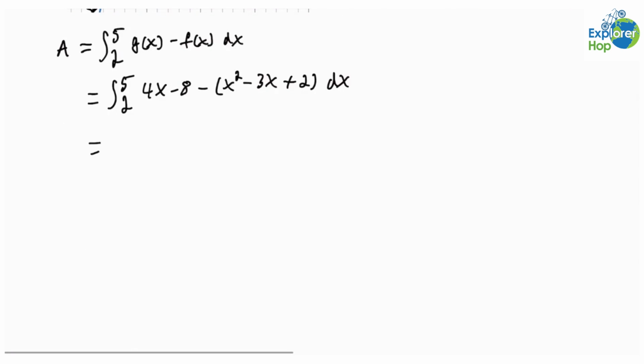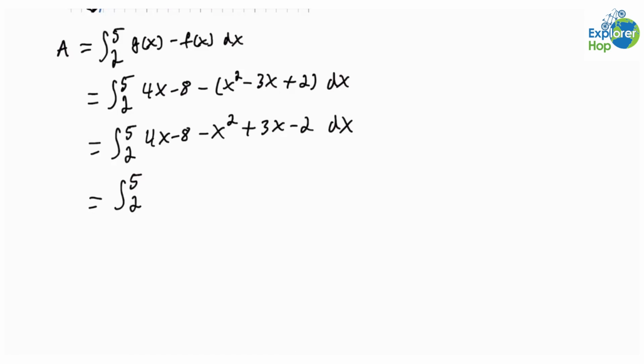And this is equal to the definite integral from 2 to 5 of the function 4x minus 8 minus x squared plus 3x minus 2, which is equal to the integral from 2 to 5 of the function negative x squared plus 7x minus 10.